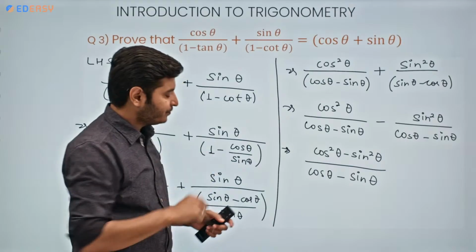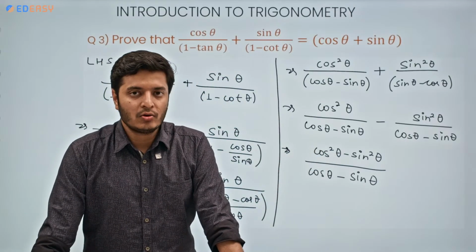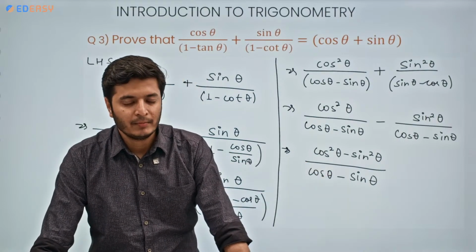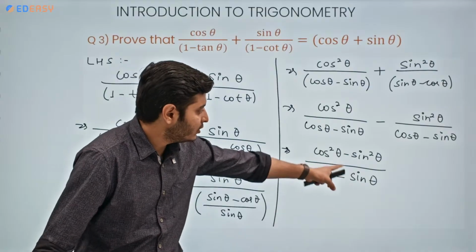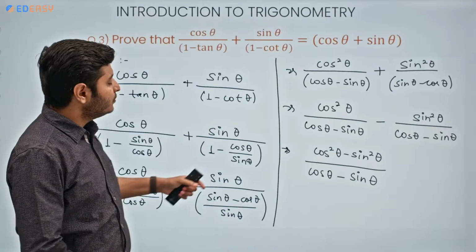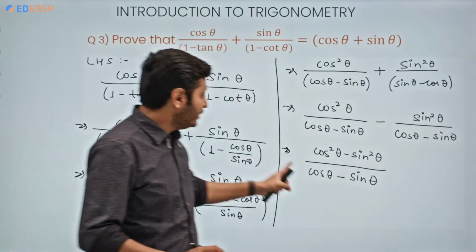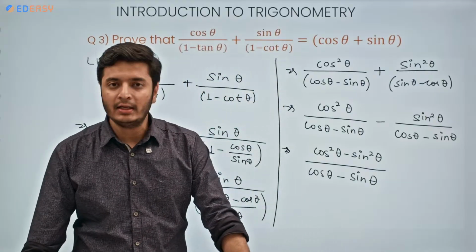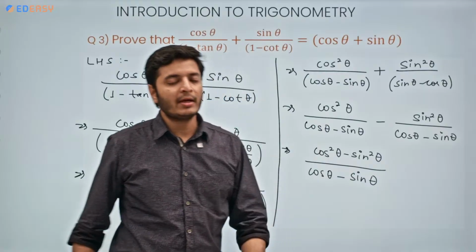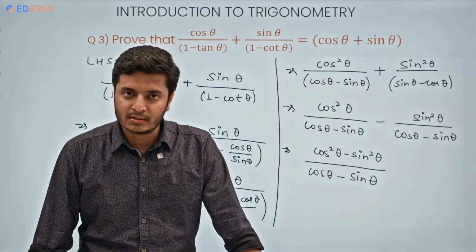Now look at this. If we were having cos square theta plus sin square theta, then we can directly write this one as 1, correct? But that is not possible because the operation in between is negative, minus. And also we need cos theta plus sin theta. So it means we need to somehow eliminate the denominator. Looking at cos square theta minus sin square theta, it is reminding me of a square minus b square.